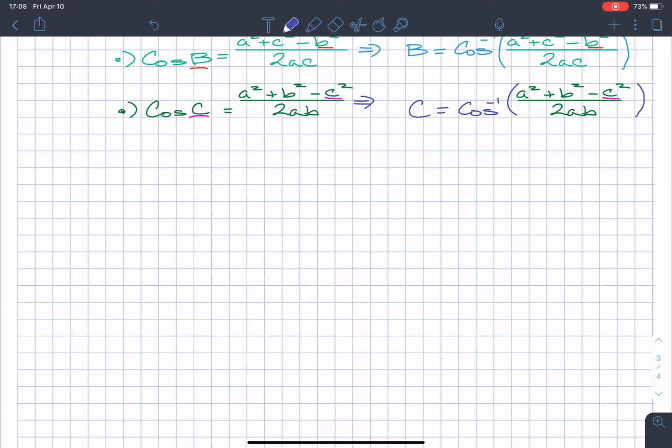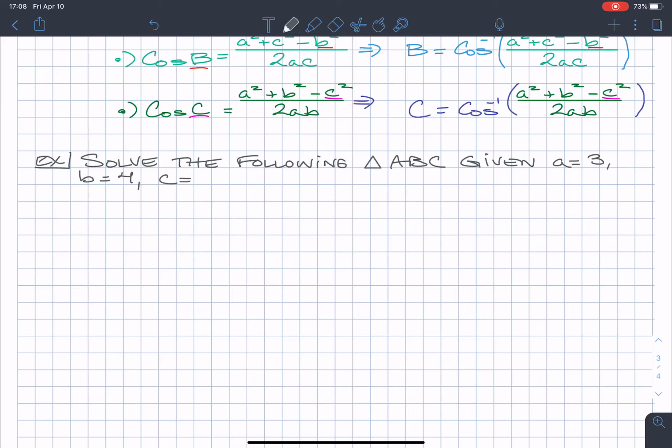Let's go ahead and do a couple examples. So for example, solve the following triangle ABC, given that the length of side A is 3, the length of side B is 4, and the length of side C is 5.